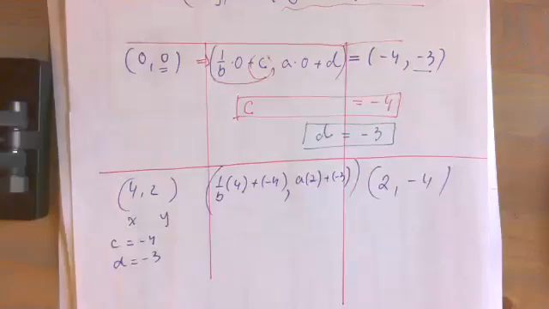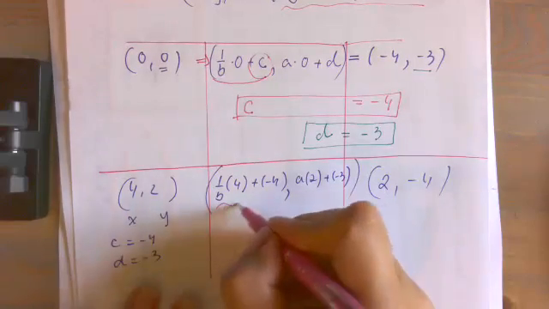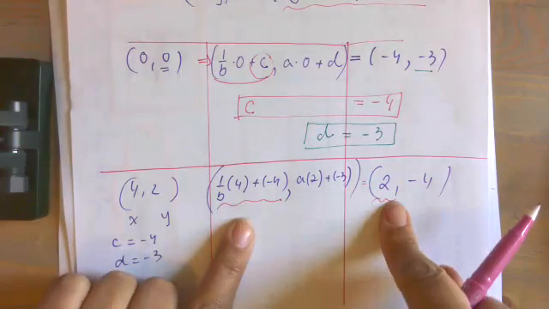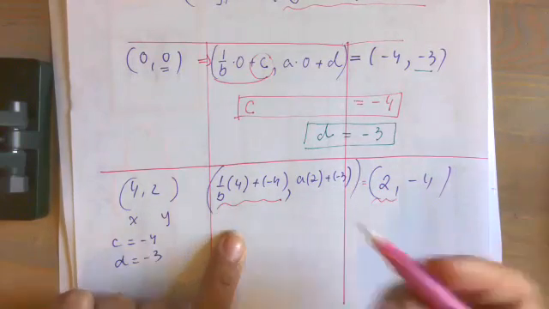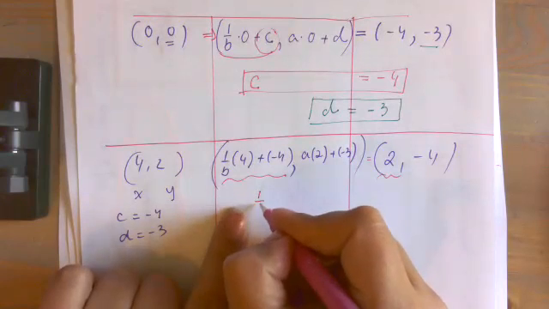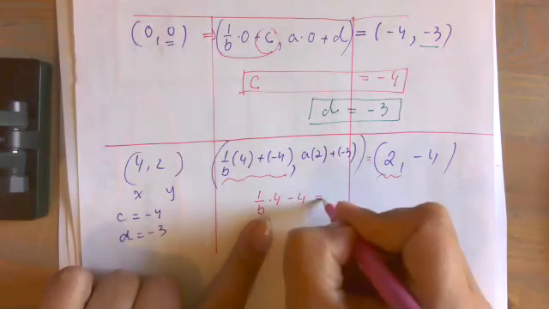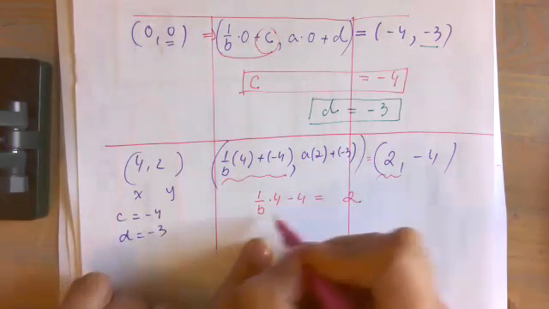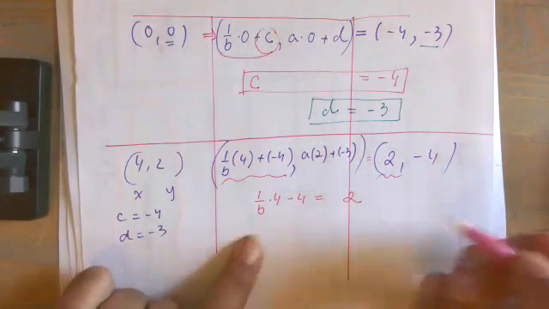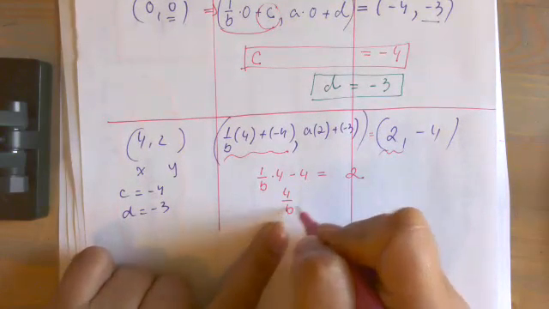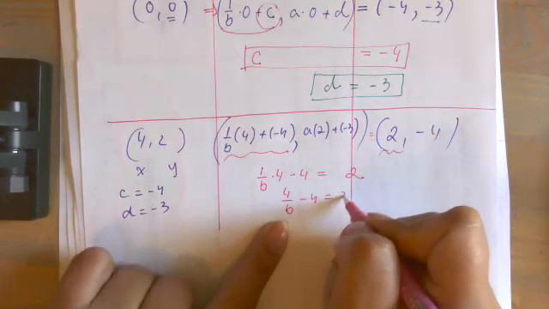Now let's take them one by one. Right here, this part has to equal the x on this part. So we have 1 over b times 4 minus 4 equals 2. This one I don't know directly what they are, so I have to calculate it. So let's calculate it. 4 over b minus 4 equals 2.